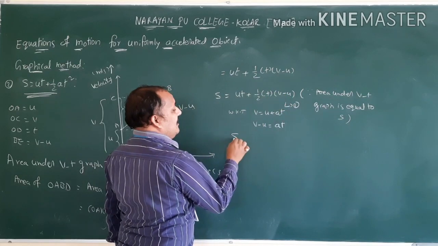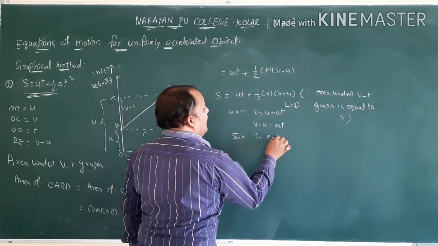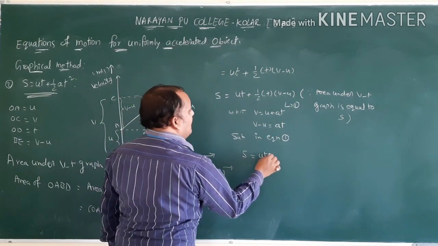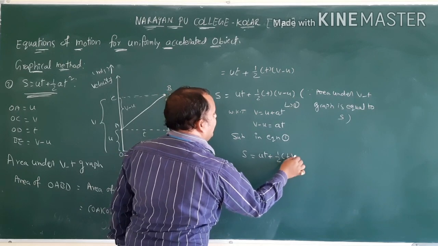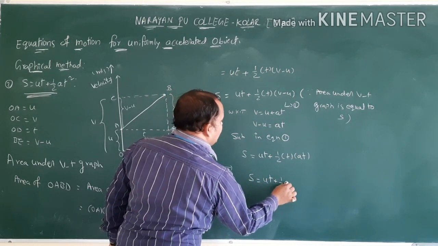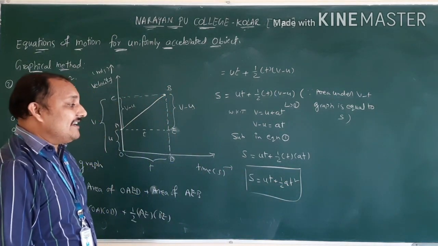Substitute in equation number 1. Then S is equal to UT plus half of T into AT. And S is equal to UT plus half AT square.